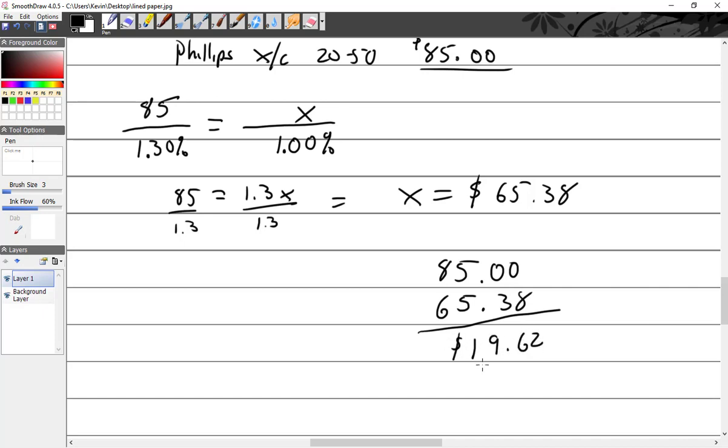Okay, and how much did you make? Okay, so we're going to multiply that times 10% to find out what you made. So 1.962 times 10, the second function, and the number 2, because that's got the percent above it.